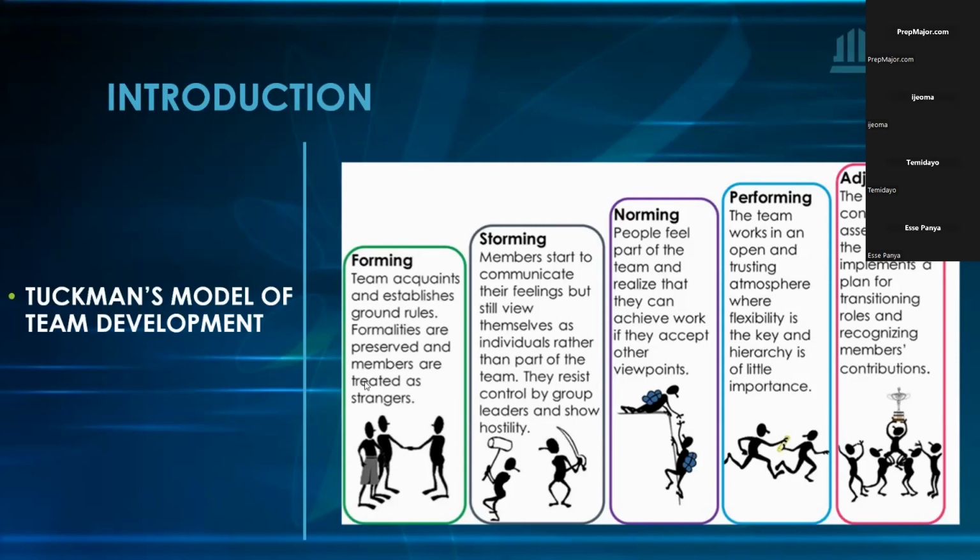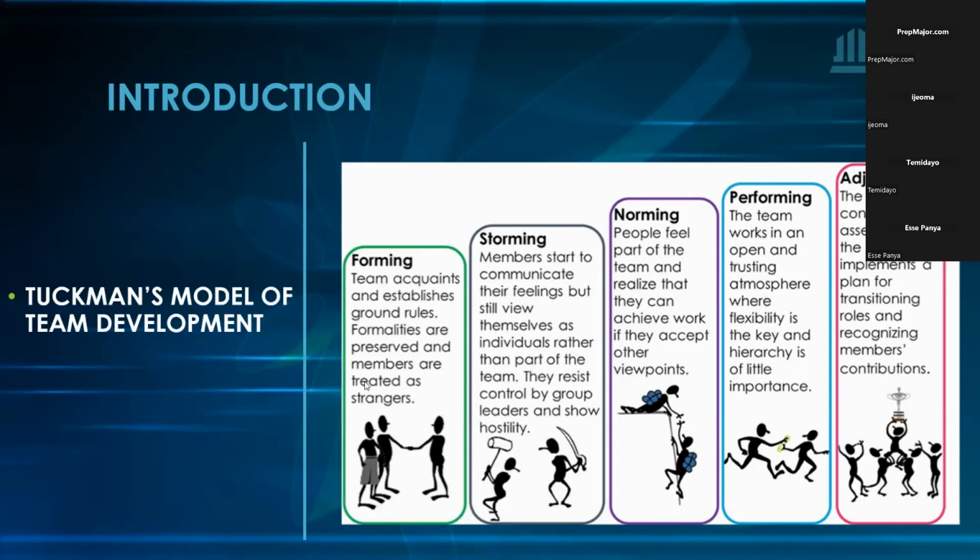Then there is the norming stage, and in this stage they start to feel more like a team. They start to reconcile, there's lowered anxiety, and every member becomes very supportive of each other. Everything starts to look normal. They tend to accept the viewpoints of one another in this stage.